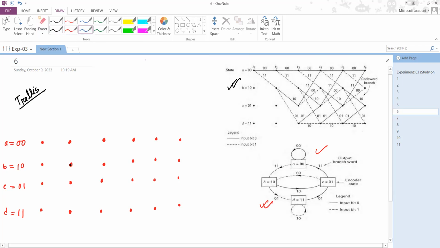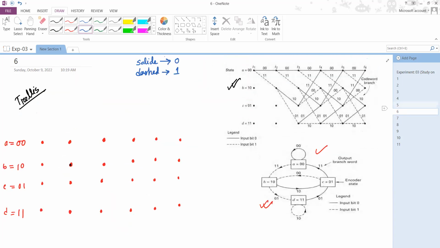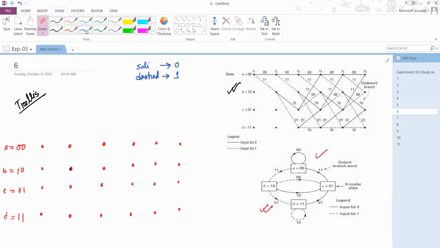Okay, let me first write one thing: our solid line represents 0 and the dashed line represents 1 here. So solid line represents 0 and dashed line represents 1 in this case.